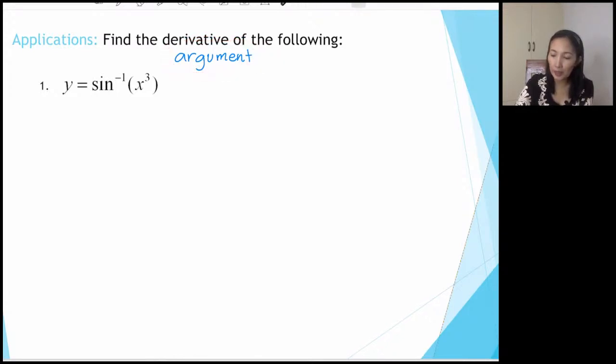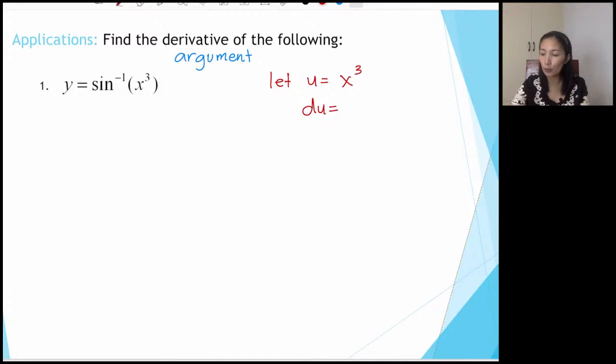So this must be arcsine of u. We let u be equal to x cubed, and du is equal to the derivative of x cubed, from your power rule, which is 3x squared.